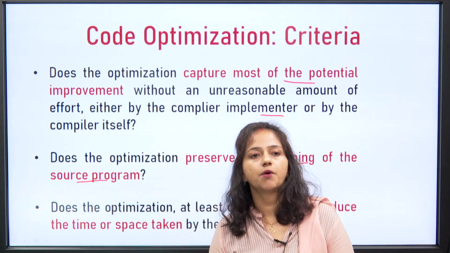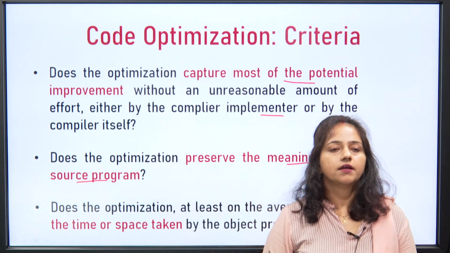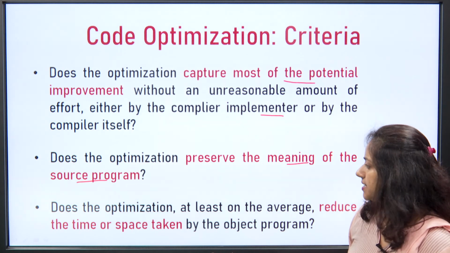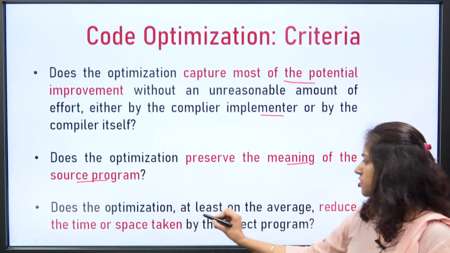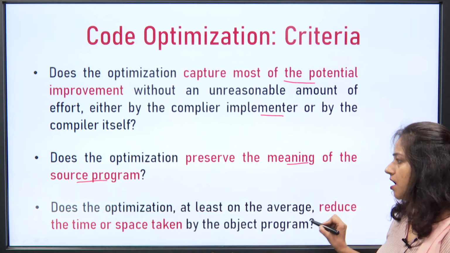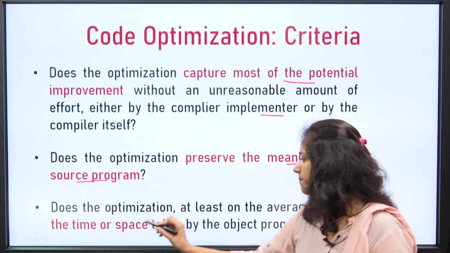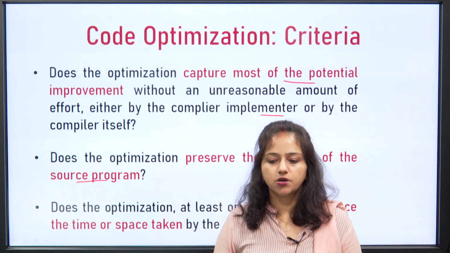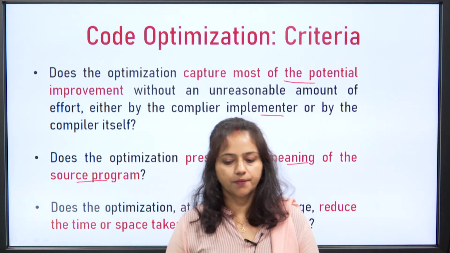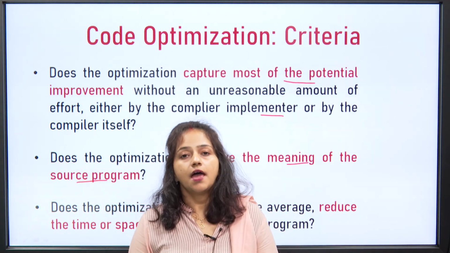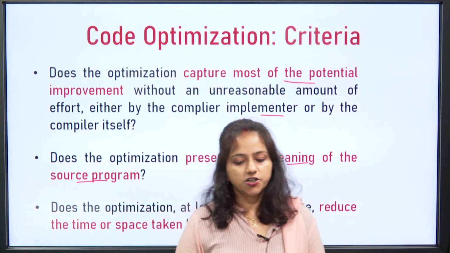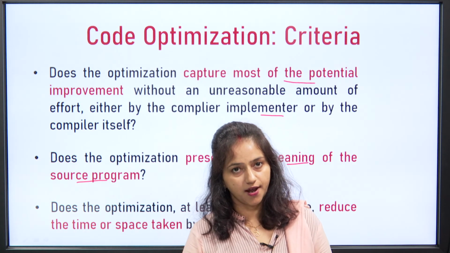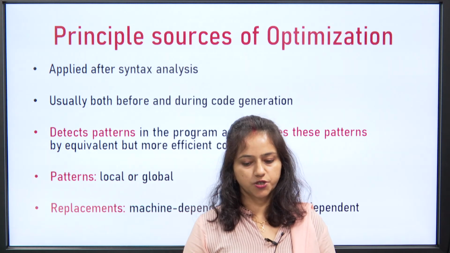This is again a very important criterion, that the meaning should be the same. Next, does the optimization, at least on average, reduce the time or space taken by the object program? So the meaning should not change, it should capture the potential improvement, and it should reduce the space and time required by the object program in comparison to the source program.